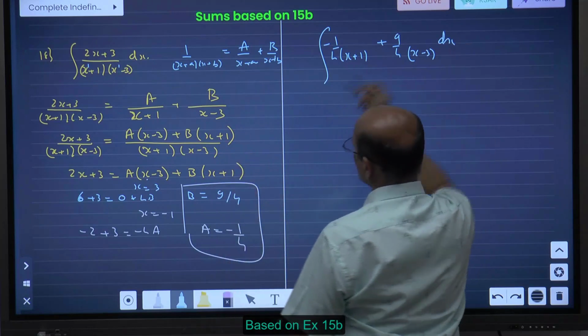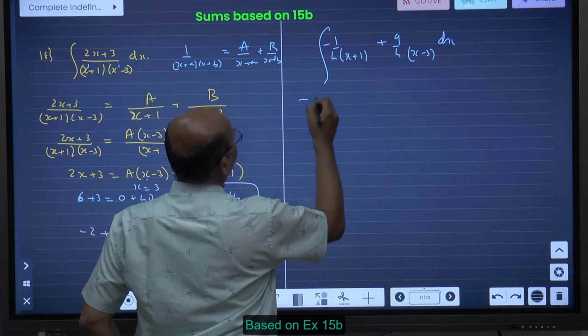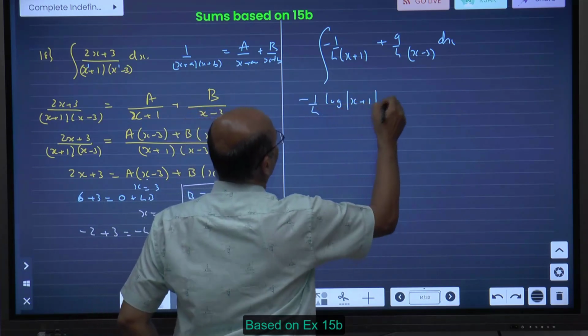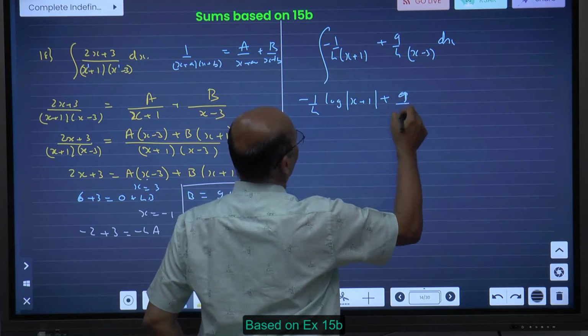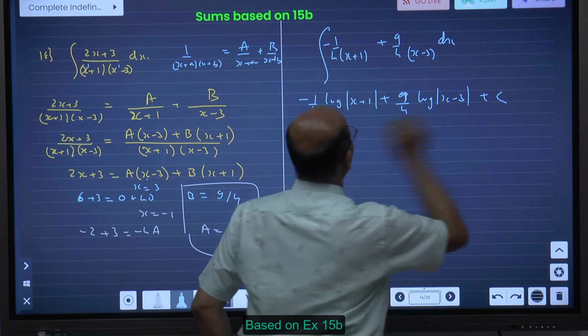Now see how the integration is very easy for us to understand. What is the integration now? It is minus 1 by 4 log of x plus 1 plus 9 upon 4 log of x minus 3 plus c. Job is over.